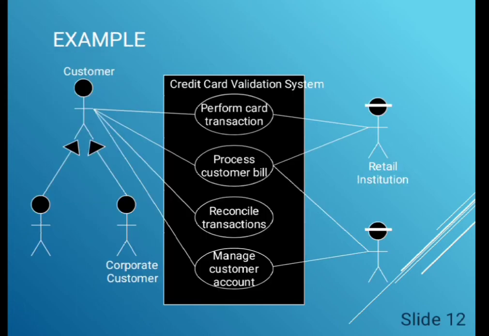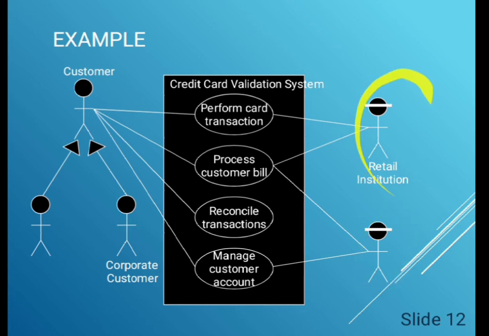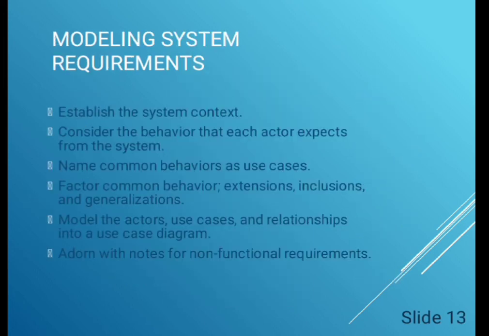One more example is a credit card validation system, showing how the flow executes: performing the card transaction, processing the bill, reconciling the transaction, and managing the customer account. These are all included in use cases. These are the boundaries, and these are the actors involved in these use cases.